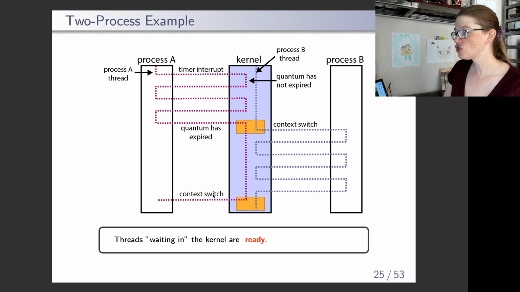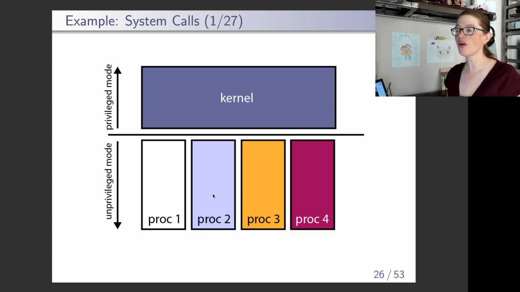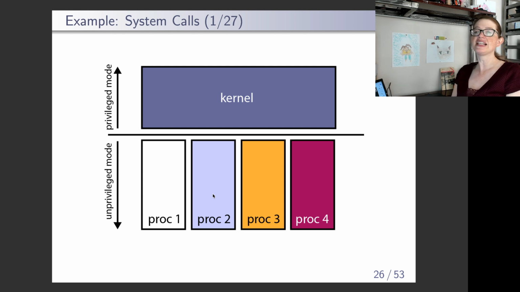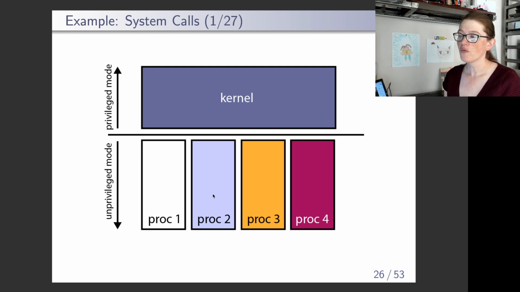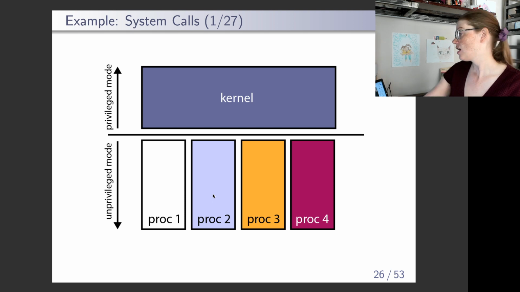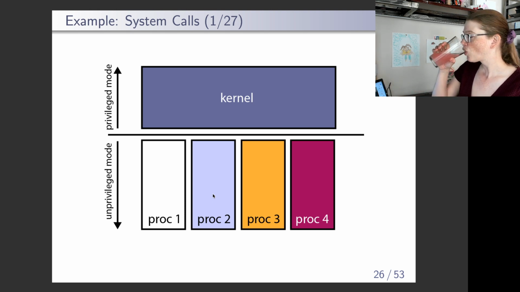All right, so I'd like to now go through this little example about drawing the stacks for what happens when you have multiple processes running and system calls and timer interrupts. So this is the remainder of the slide deck.